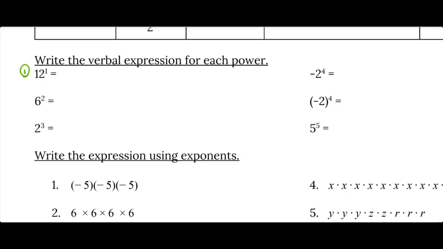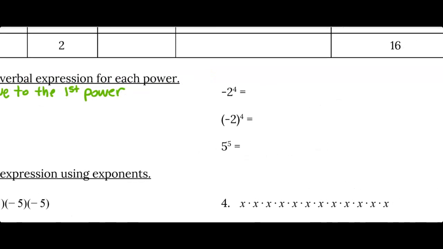So you read it as the base to the whatever power. So 12 to the first power. So if you wanted a sentence frame there, you would have the base to the exponent power.